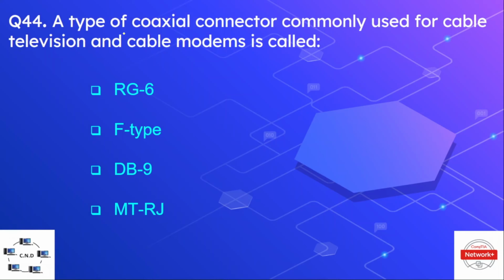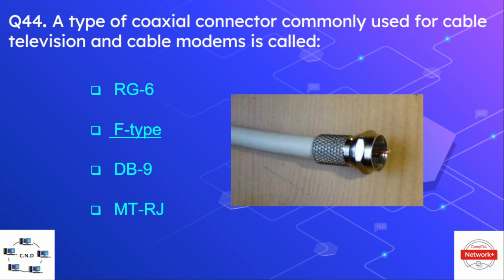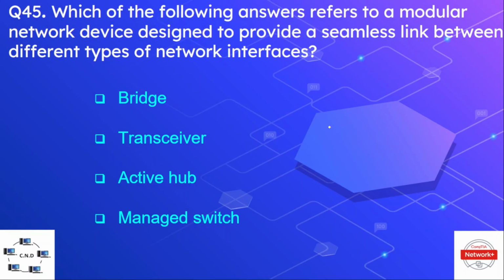Question number 44 is that a type of coaxial connector commonly used for cable television and cable modems is called, and the options are RG6, F-type, DB9, and MTRJ. And the correct option is F-type connector. And this is basically the picture of the F-type connector.